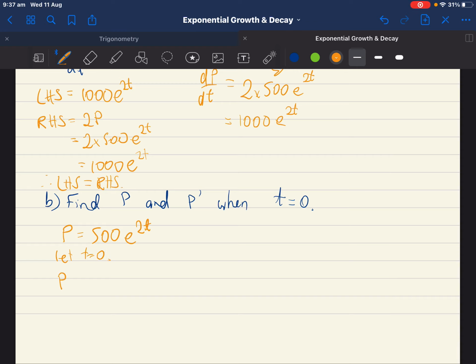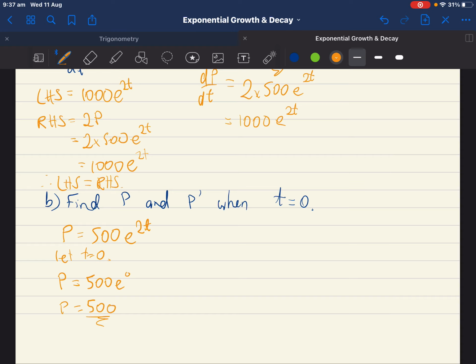The initial population is 500 e to the power of 0. Anything to the power of 0 is 1, so you end up with 500 times 1. The initial population of bacteria is 500.